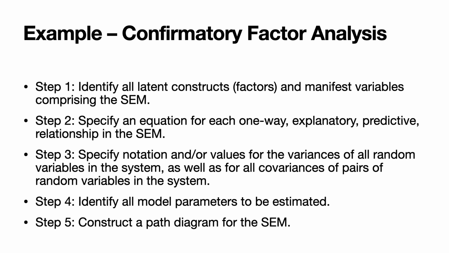In step 3, we'll specify notation and/or values for the variances of all random variables in the system, as well as for all covariances of pairs of random variables in the system. In step 4, we'll identify all model parameters to be estimated. And then in step 5, we'll construct a path diagram for the confirmatory factor analysis SEM.